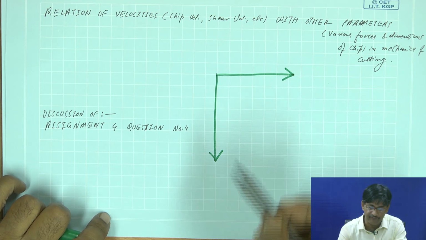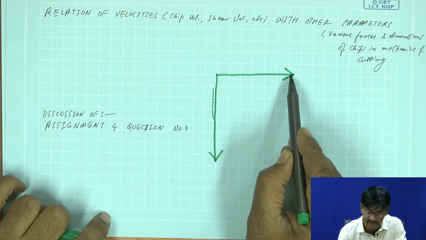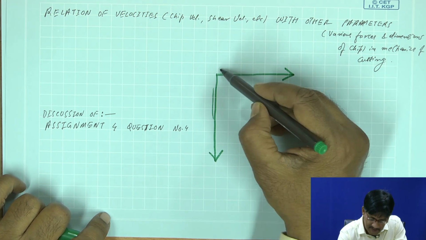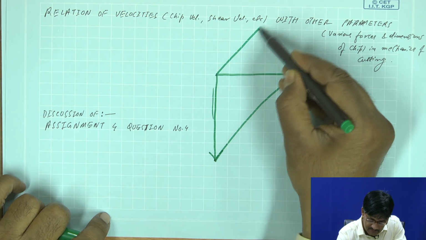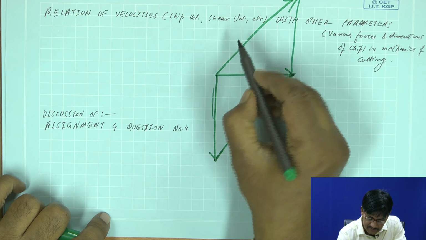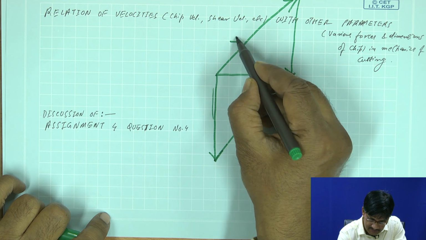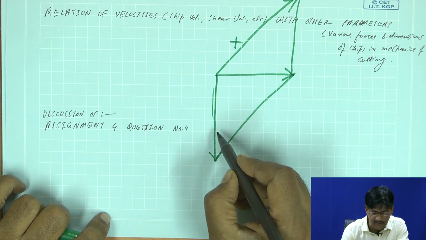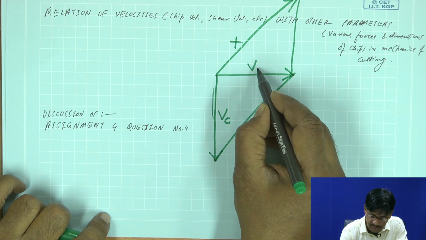So, if a particular velocity starting this way has been deflected to this direction, then if you complete this triangle and get the parallelogram, the resultant must be due to an unknown factor which suppose we call x. This x factor must have changed cutting velocity to chip flow velocity.